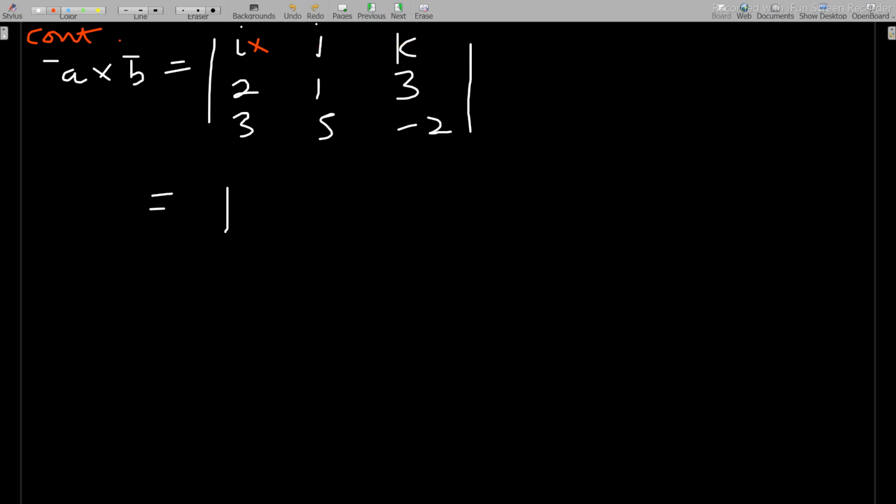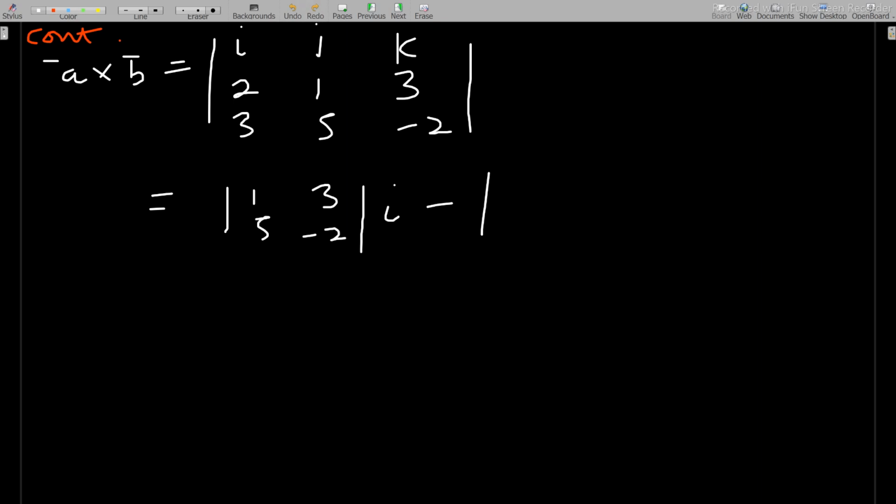The remaining will be 1 3 5 negative 2, determinant of that, then i, then minus. You come to the second element in the first row, that is the j, cross that row and column as well, and take the remaining elements.